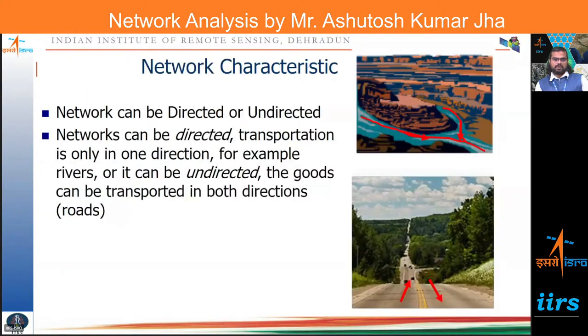But if you have the connection in both directions, then it is called an undirected network. Even if a single edge of a particular road segment is directed, then the whole network gets converted into a directed network. So you have to fix that particular aspect during the analysis as well.